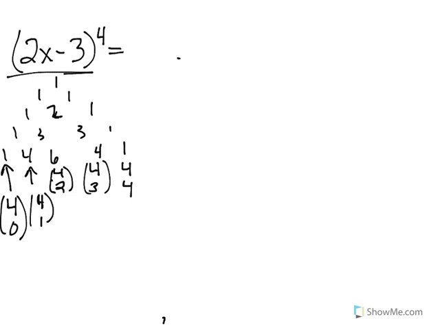So to expand this, we would first have 4 combination 0. And if you haven't memorized it's 1, they don't even have to write 4 combination 0. Now you have to be careful for the rest of this. 2x is the first term, so that's going to be all of that to the 4th power, as negative 3 is to the 0 power.